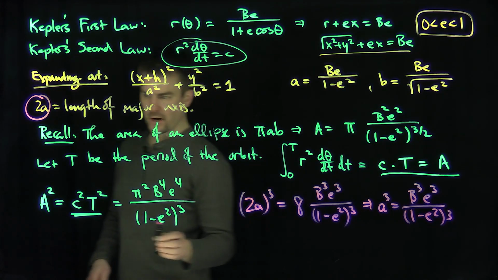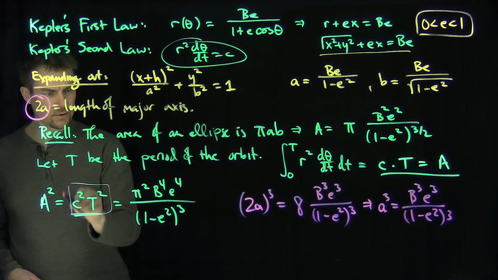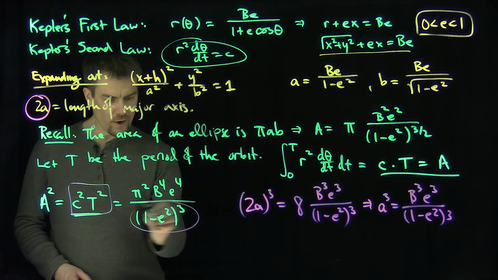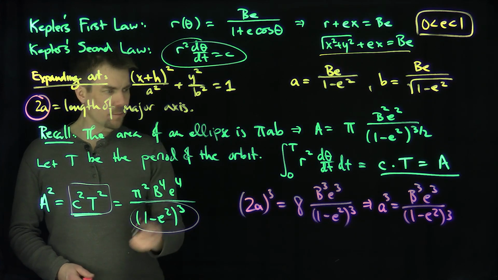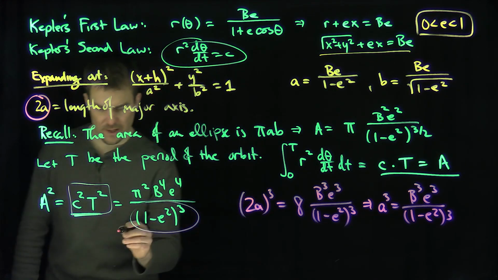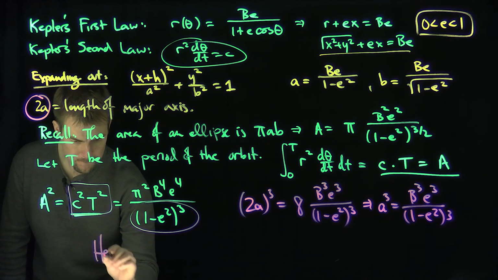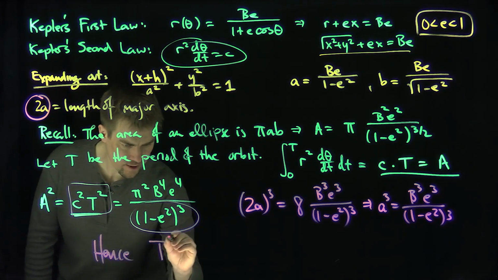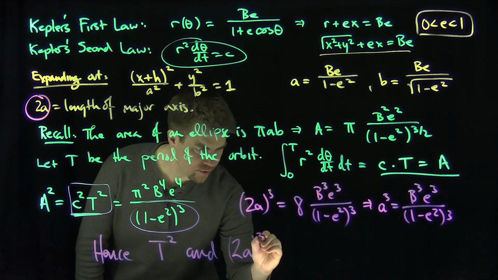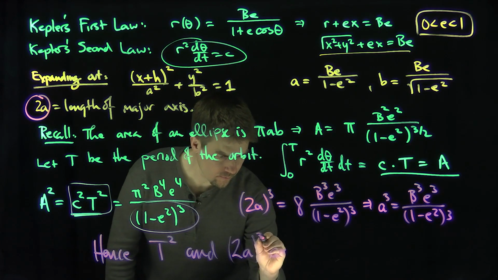We see that these expressions, c squared T squared, look like 1 over 1 minus e squared cubed, and then some constants. So what we've just shown is that these two expressions are proportional to each other, so hence T squared and 2a cubed are proportional.